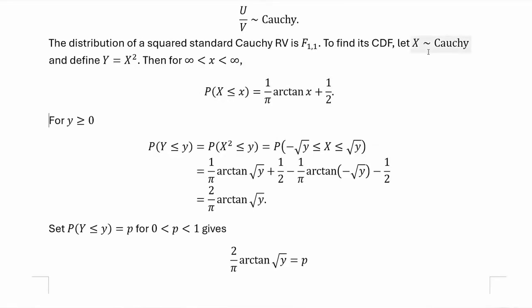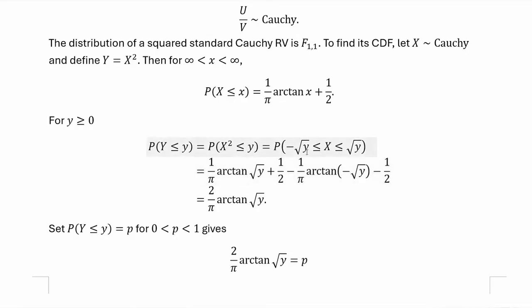The Cauchy distribution has a CDF of 1 over pi arctangent of x plus 1/2, and y is x squared, so the CDF of y, defined as the probability of y less than or equal to little y for y positive, is equivalent to the probability of x squared less than or equal to y, which is equivalent to the probability of x between minus the square root of y and the square root of y.